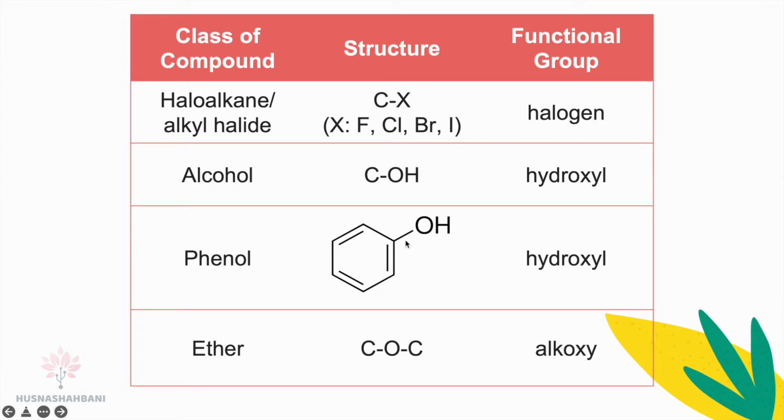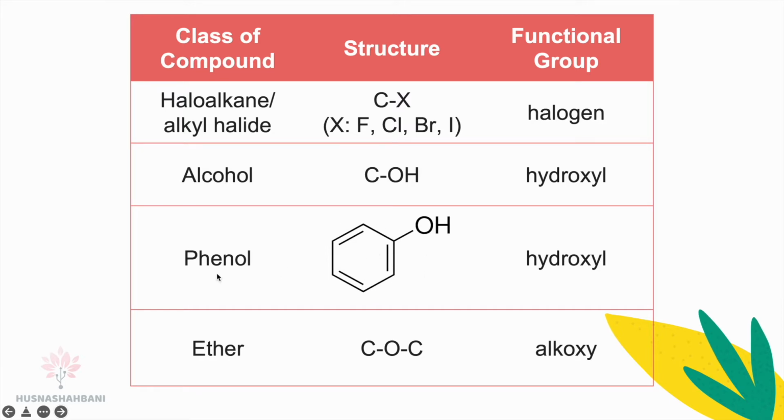Phenol has the same structure as the class of compound alcohol, but the carbon single bond with O, the O single bond with H, that carbon is in a benzene ring. The carbon is the carbon in the benzene ring.